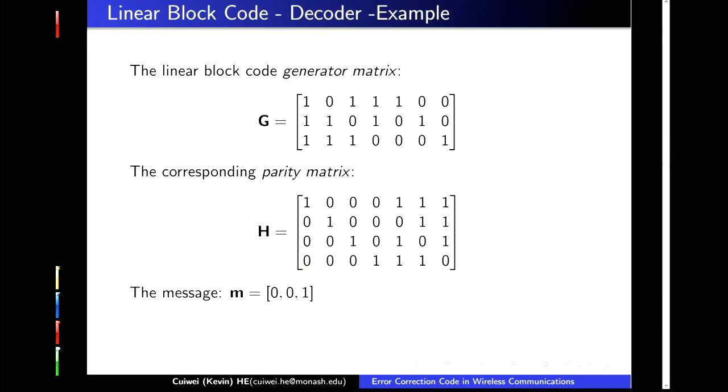The message we are going to transmit is 001. If we input it into the encoder, what will be the code word generated? Can you just do a quick calculation? It's a very basic vector matrix calculation.